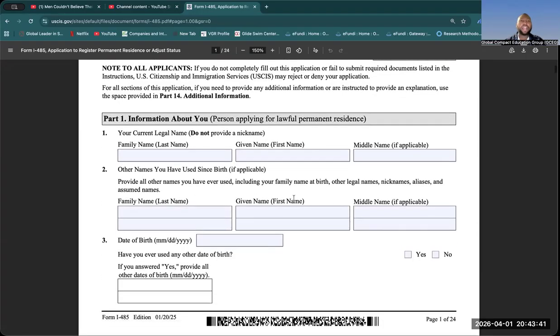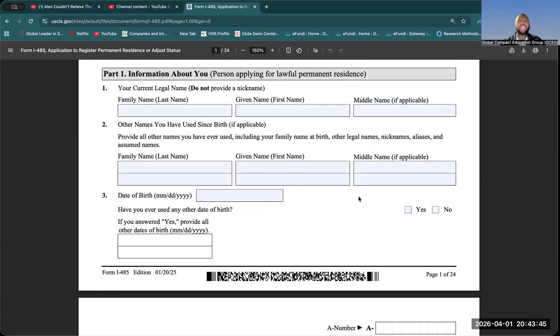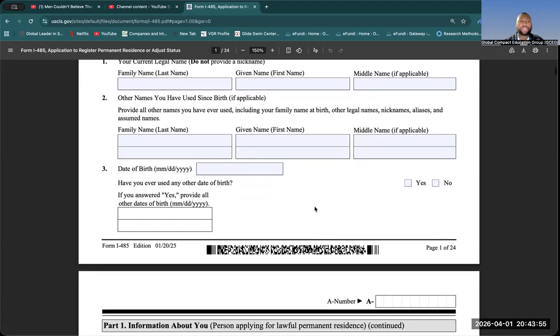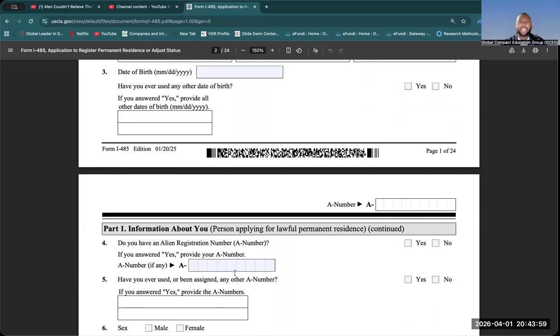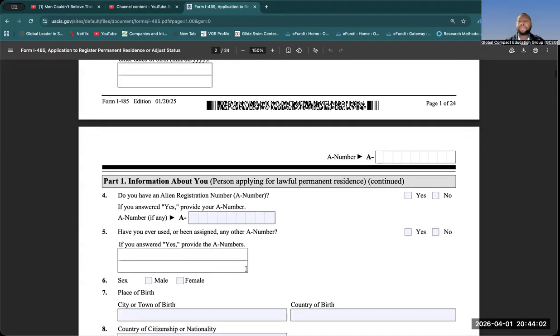If you've used other names before, you put them there. That is normally for women if they've changed their maiden names or last names and all those kind of things. Then you put your A number again.